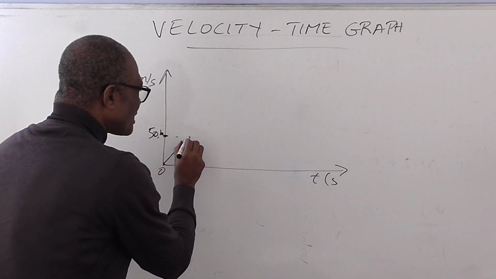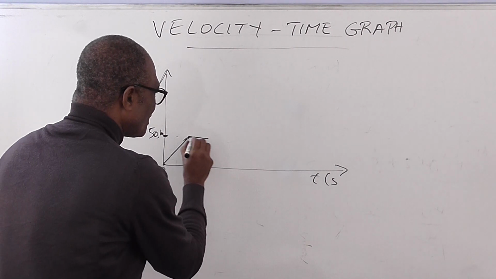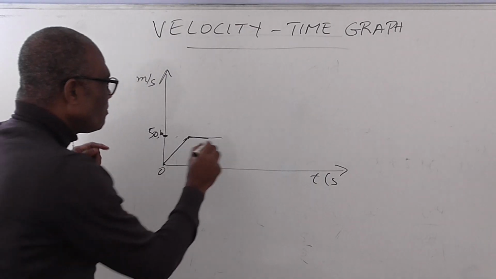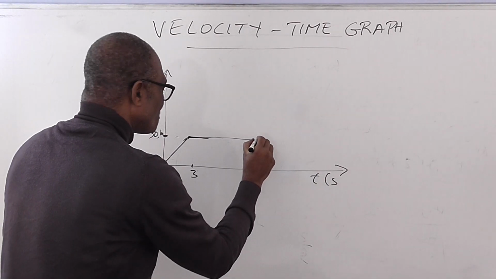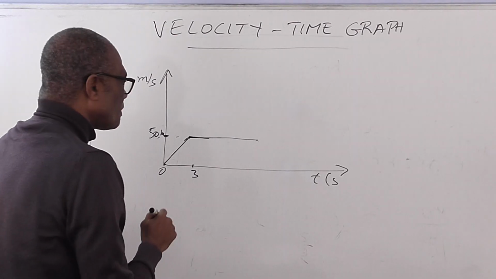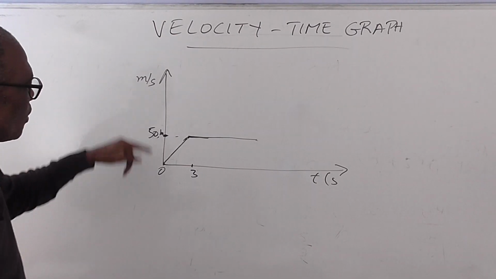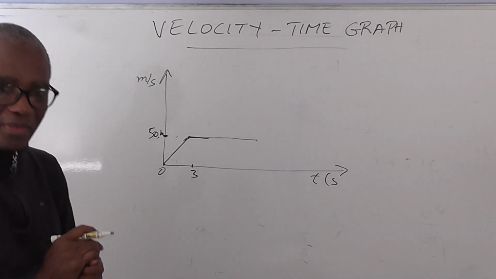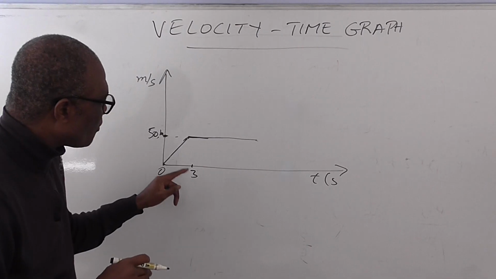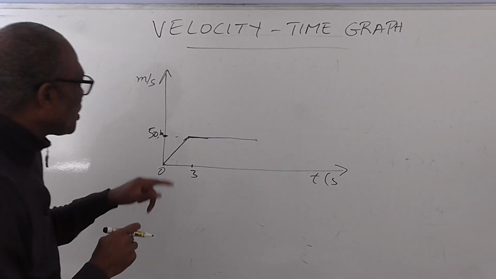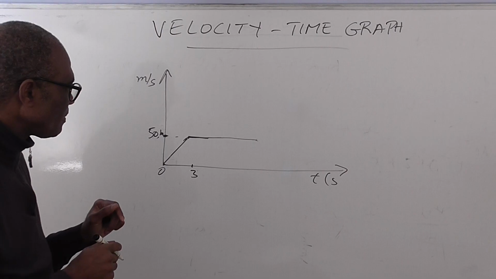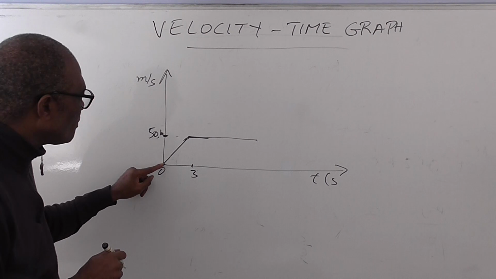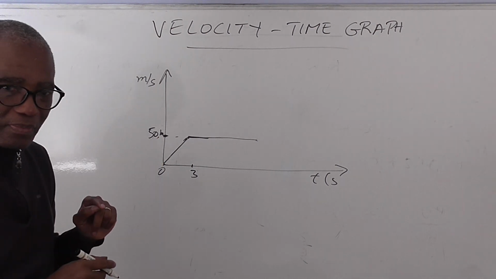And then it keeps that velocity for maybe 10 seconds. No, I repeat. A body, a car, traveling during the first 30 minutes goes from 0 to 50 meters per second.